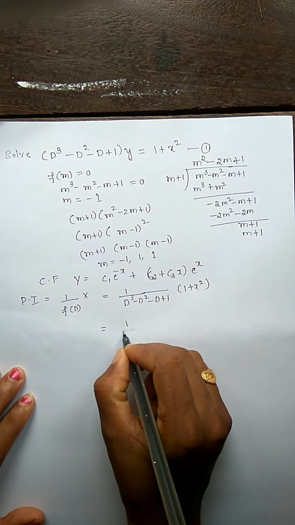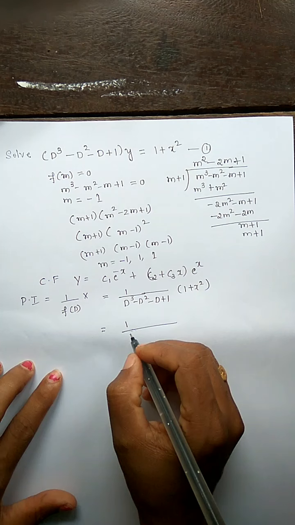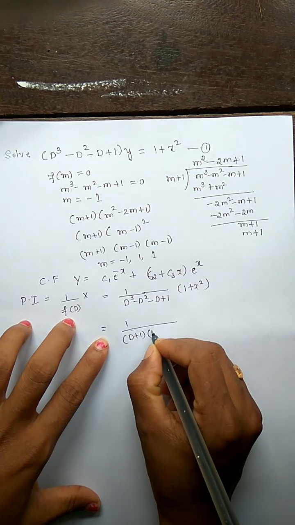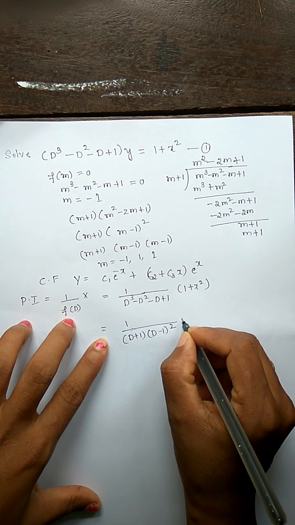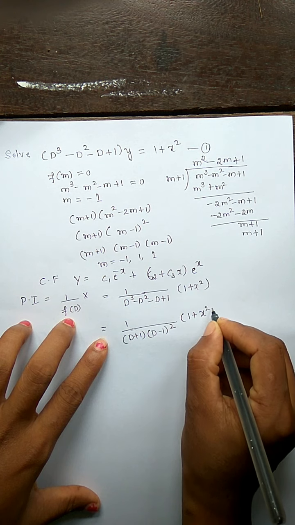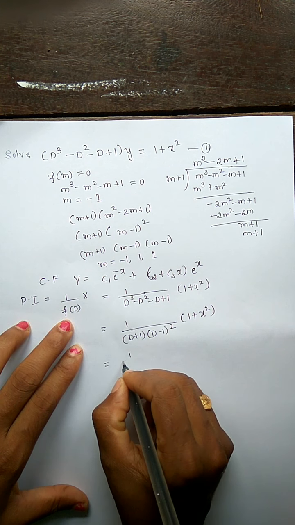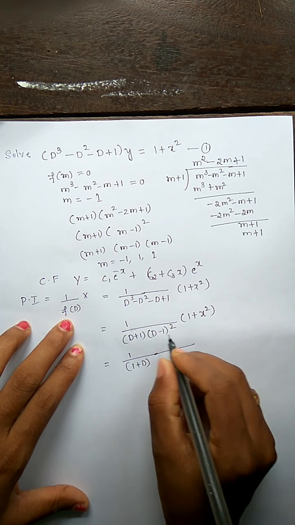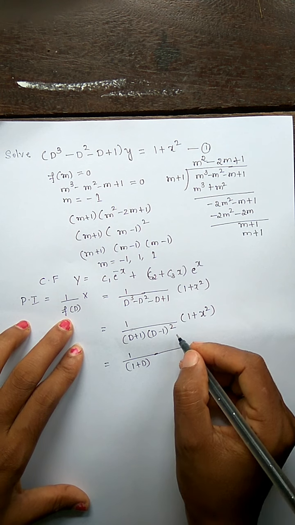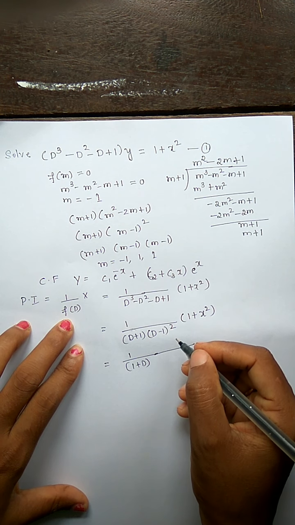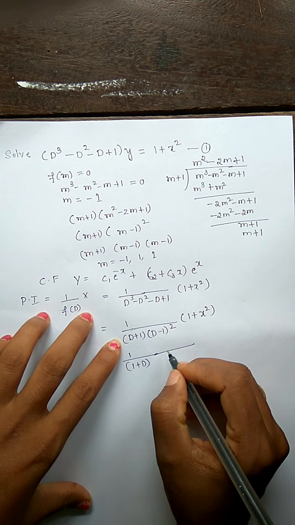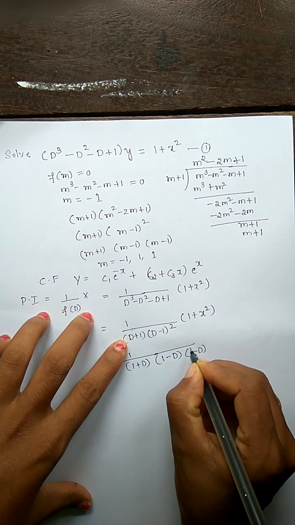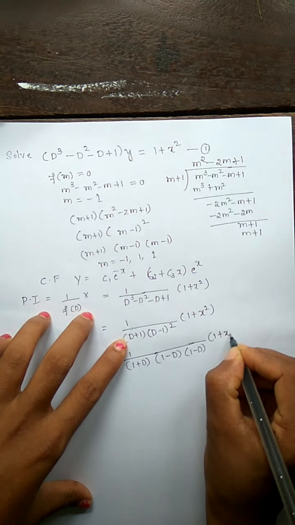I will write this 1 by (D cube minus D square minus D plus 1) as 1 by (D plus 1)(D minus 1) square into 1 plus x square. I will write this as 1 plus D, and D minus 1 square is (D minus 1) into (D minus 1). Taking minus 1 outside from both the terms, minus in minus is plus, so we write this as 1 by (1 plus D)(1 minus D)(1 minus D) into 1 plus x square.